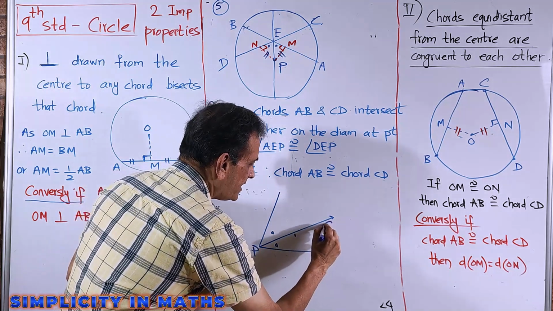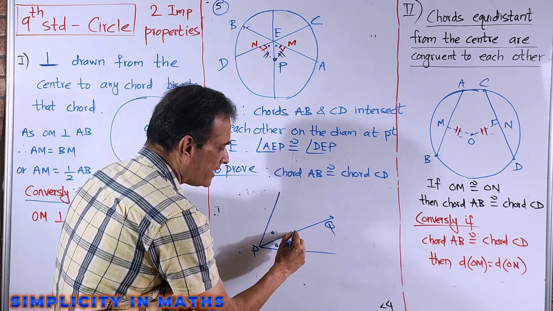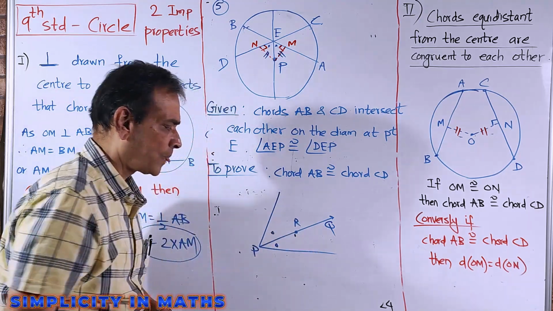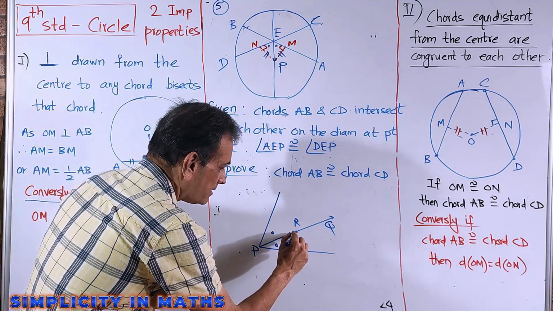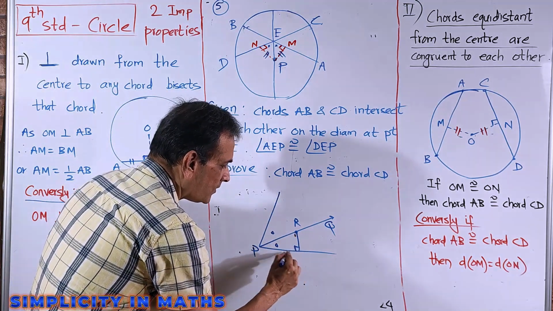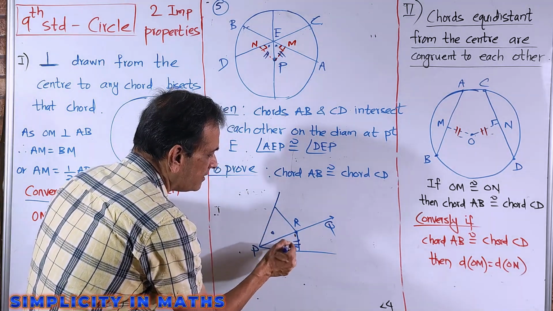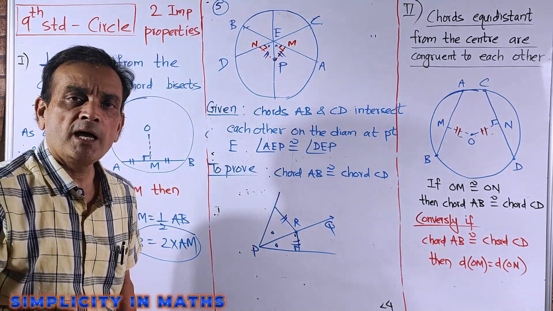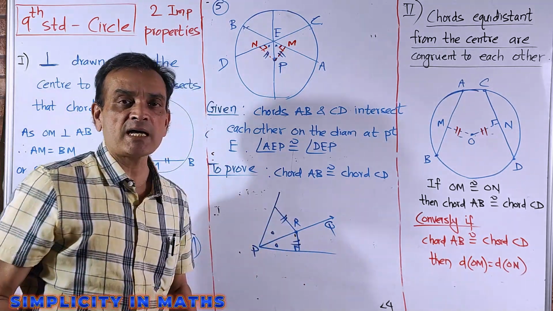Let us call this PQ. PQ is the angle bisector. Here if you take a point R, because PQ is the angle bisector, the distance of this point from one side is equal to the distance of this point from the other side. Any point on the angle bisector is equidistant from the sides of the angle.